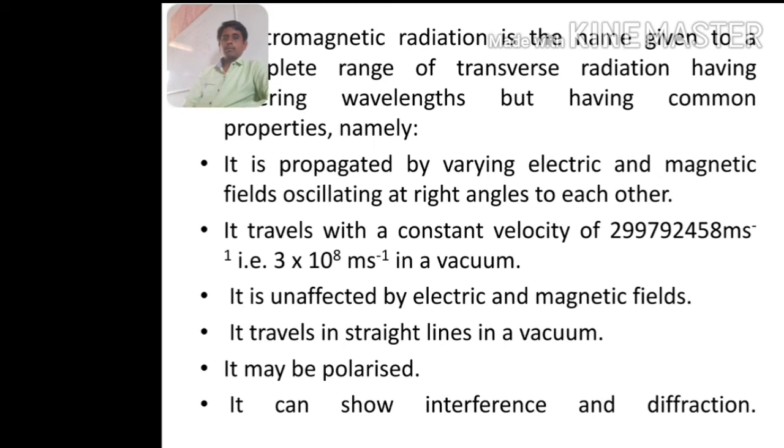It may be polarized. Means electromagnetic radiation can be polarized. It can show interference and diffraction. You know the phenomenon of interference of light and diffraction of light. These are the common properties of electromagnetic radiation.